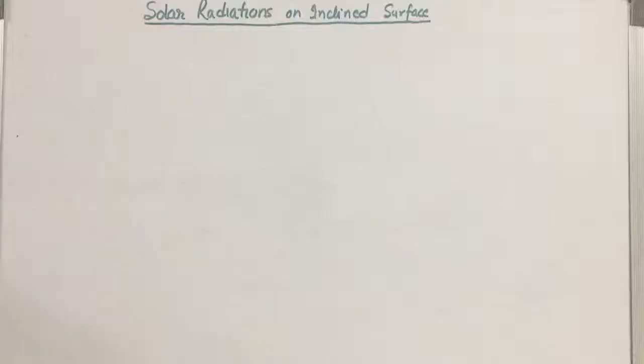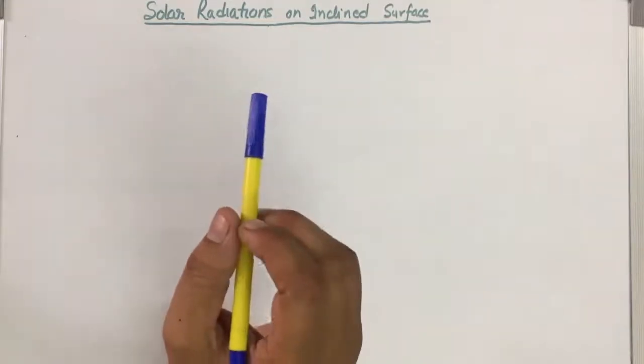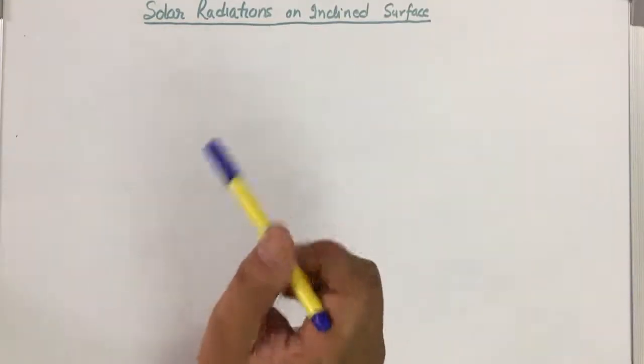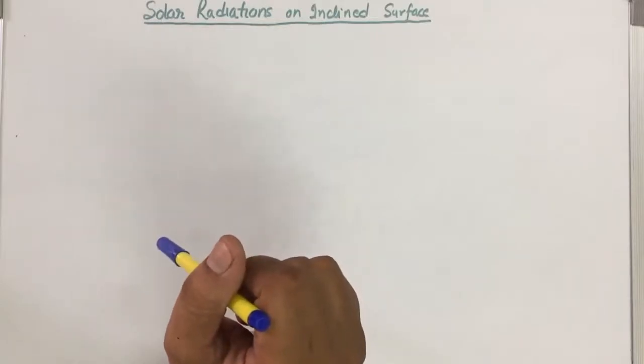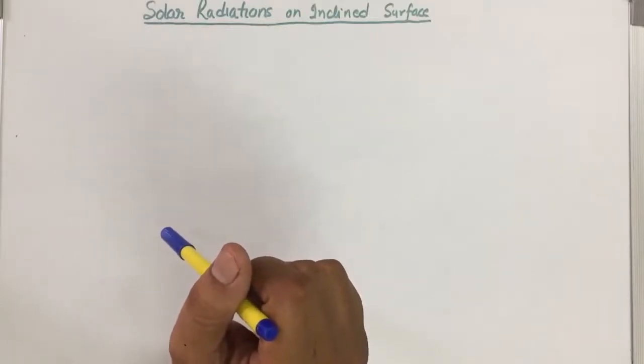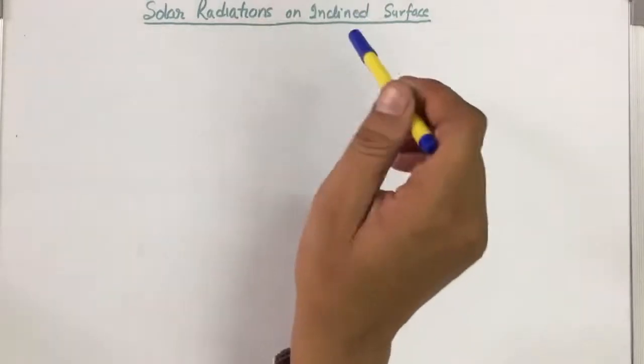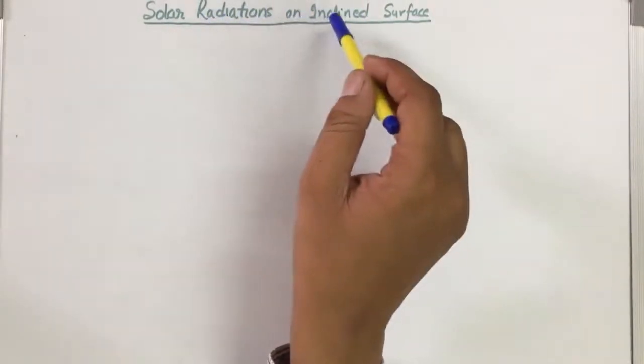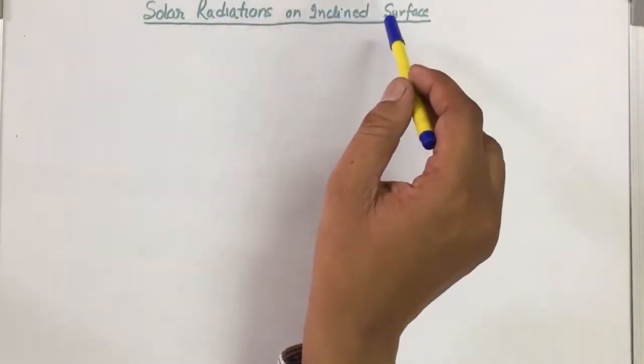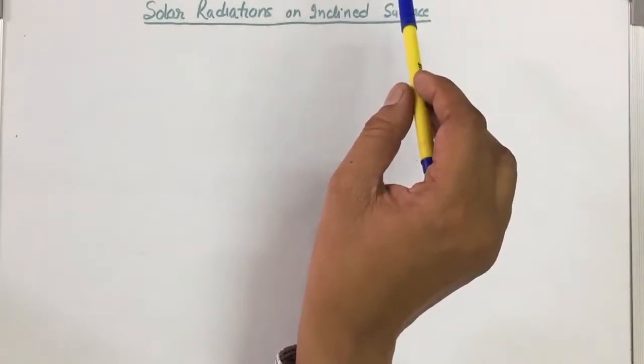So thank you. Till now we have discussed the per day solar radiations for any particular day for any location. Now we will discuss the solar radiations on an inclined surface for any particular time of the day.